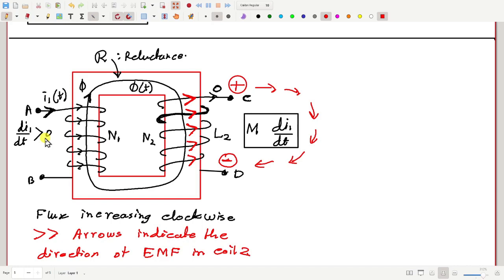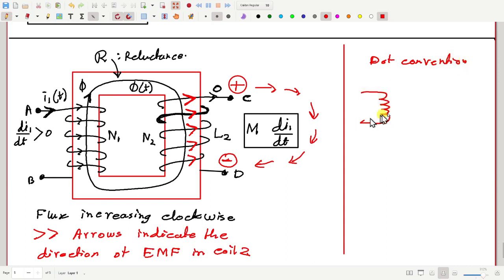No? Okay. So now recall what we have learned in our last class about the dot convention. If we have two coils, and the mutual inductance between them is M, the current in the first coil is I1, the voltage in the second coil due to the first current will be M di1/dt.